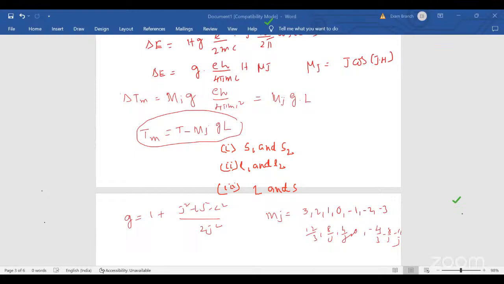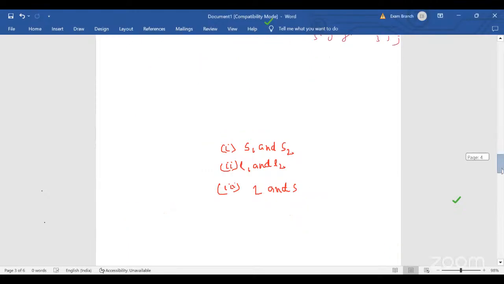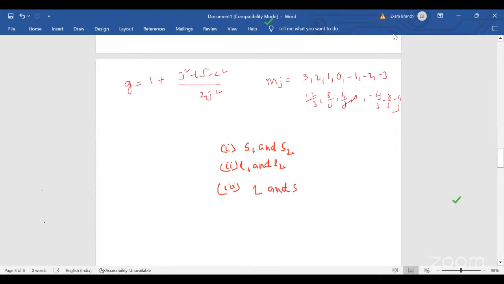Like for another example they have given. What is that example we have here? The transition between 1D2 to 1P1.